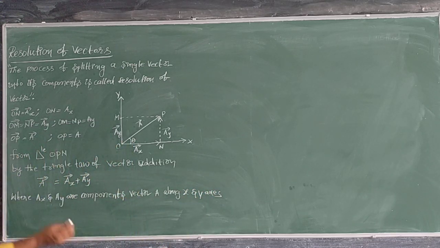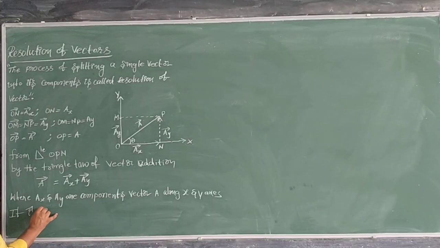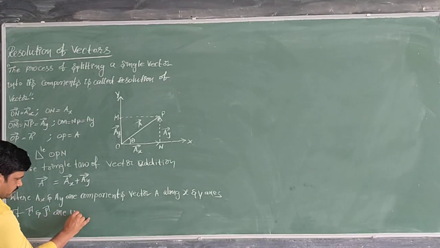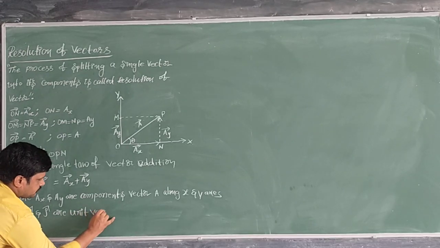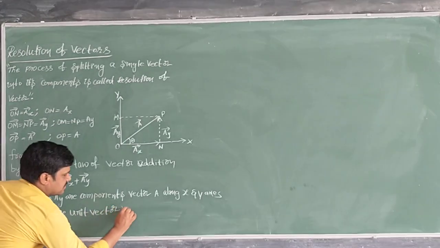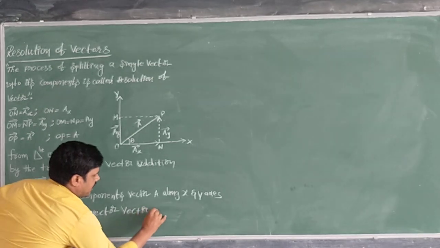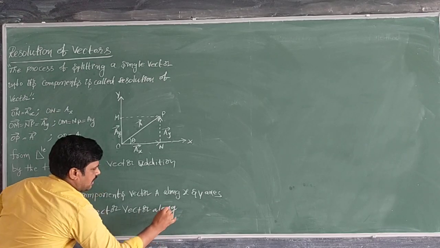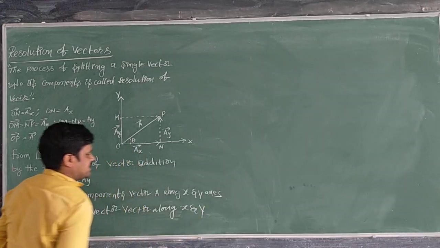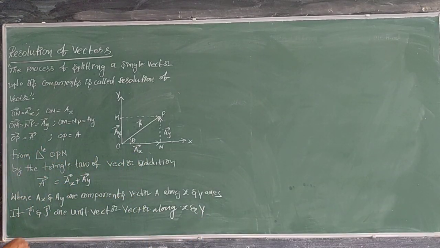Suppose i cap and j cap are unit vectors along x and y axis. In that case, Ax bar is equal to Ax into i. Unit vector means the vector whose magnitude is 1.